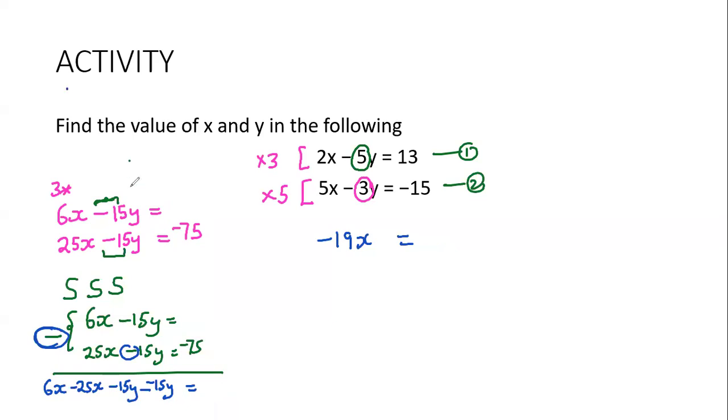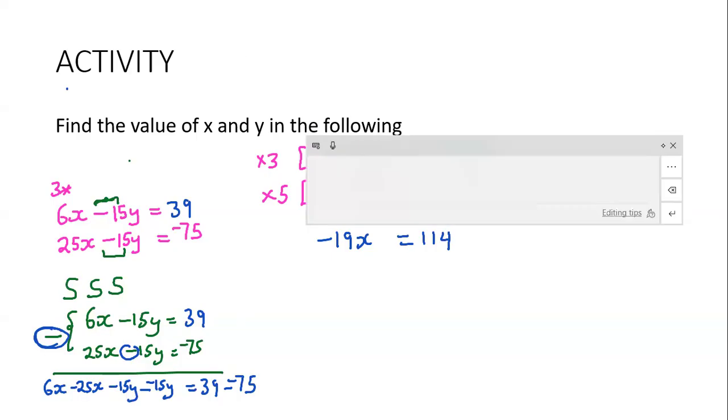So 3 times 13, surely it is 39. So here we shall have 39 minus 75. Actually 39 plus the 75, we end up with 114. Class, let me know whether now we are okay.